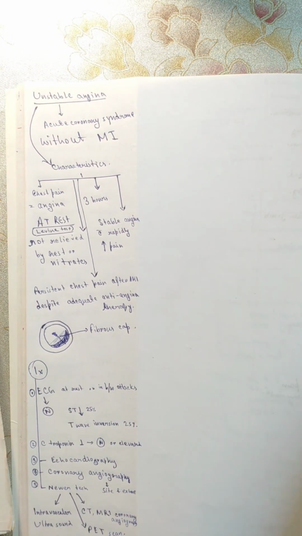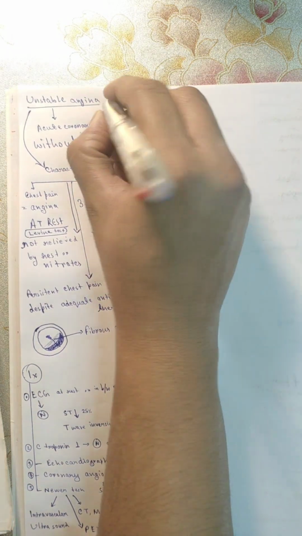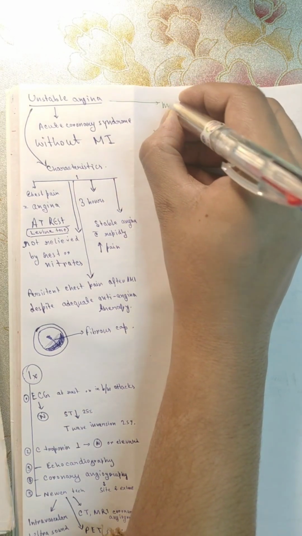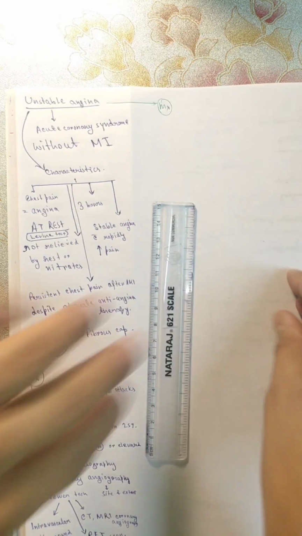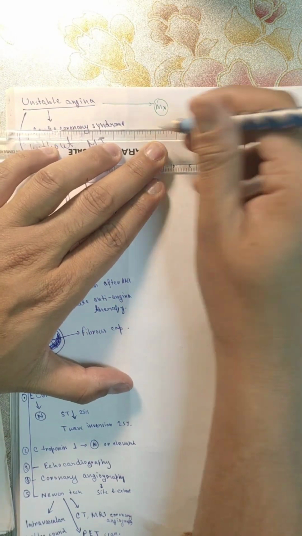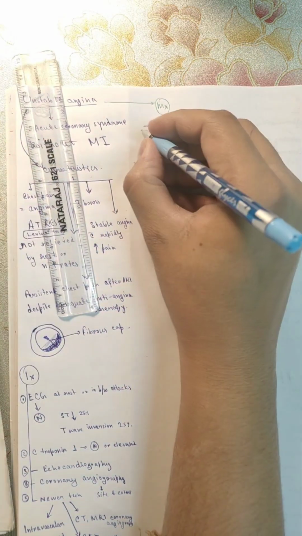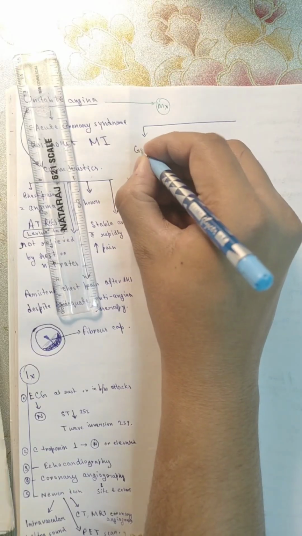Next is the management. So we have 3 steps of management. First is general management.